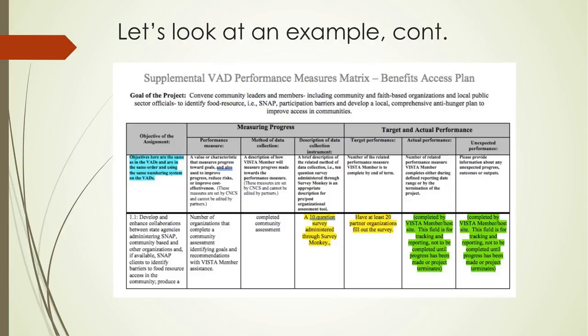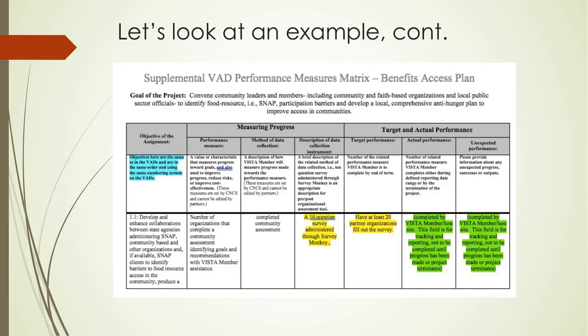So hopefully to help make this a little clearer, I actually filled out supplemental matrices using the objective that I discussed earlier. As you can see, I filled out the highlighted portions, in yellow, on the benefits access plan, since that's what the objective was from earlier.